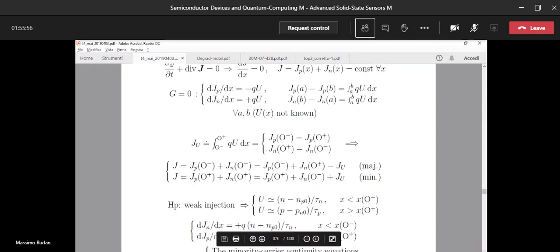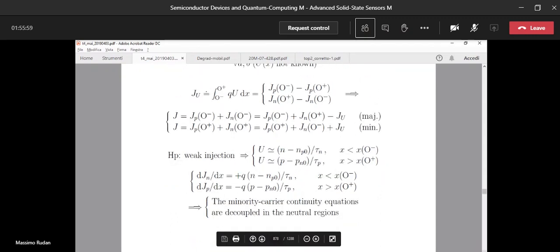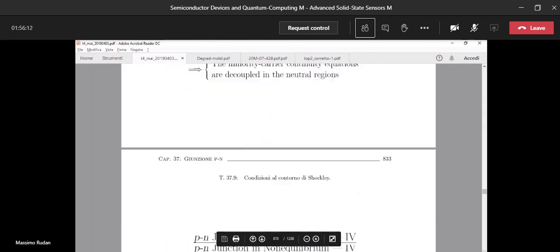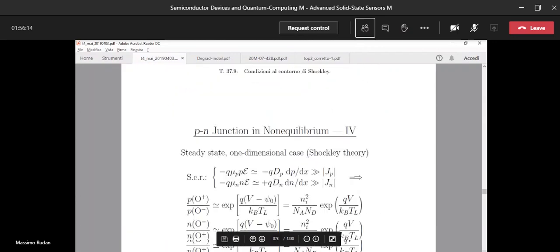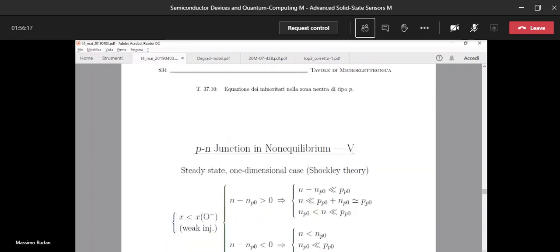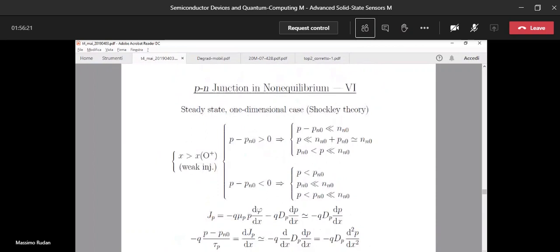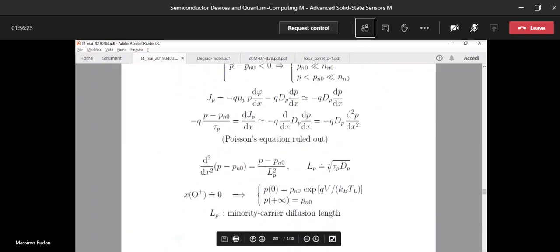Well, we start with the continuity equation for the holes in the n-type neutral region. Then we must consider the expression of the diffusion current density for the holes, this one.